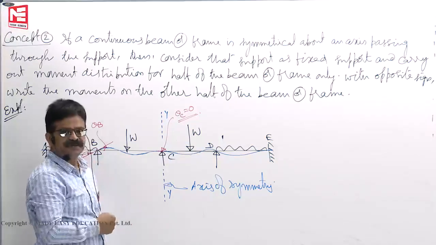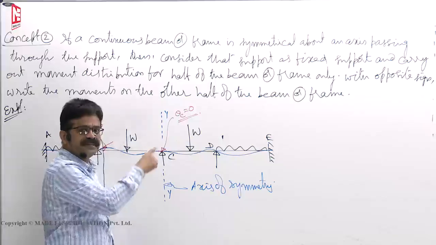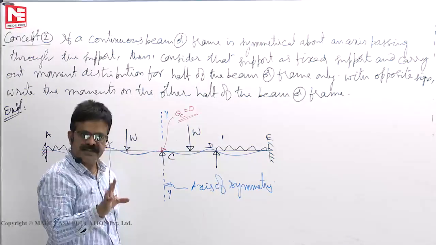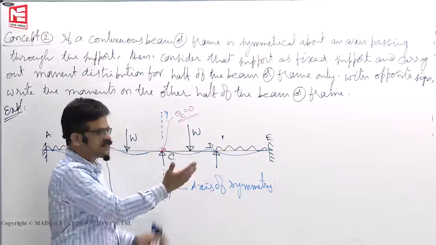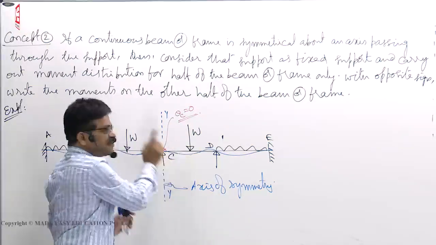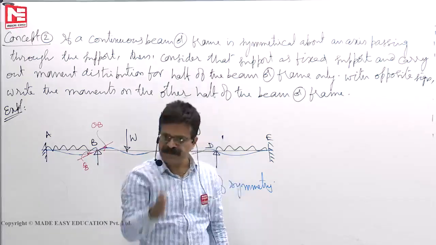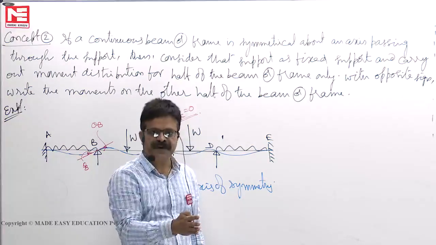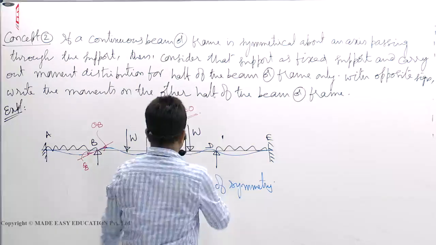That means it is not a symmetrical problem. Because there is an axis of symmetry, the deflection profile has no choice, it has to be symmetrical. For it to be symmetrical, slope must change its sign, then when you fold it, this will sit on this one. So, whether the axis of symmetry passes through the support or through midspan, at that point slope must be 0.